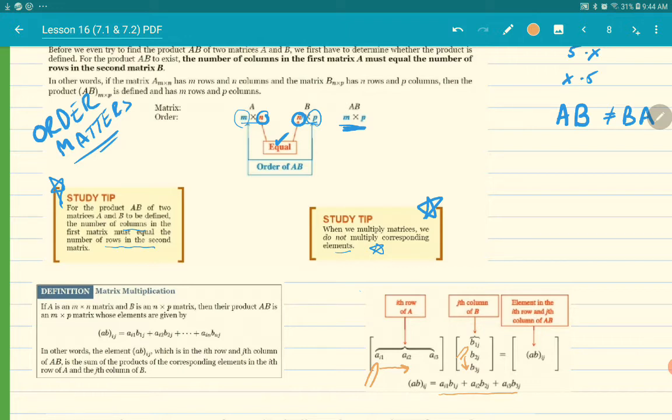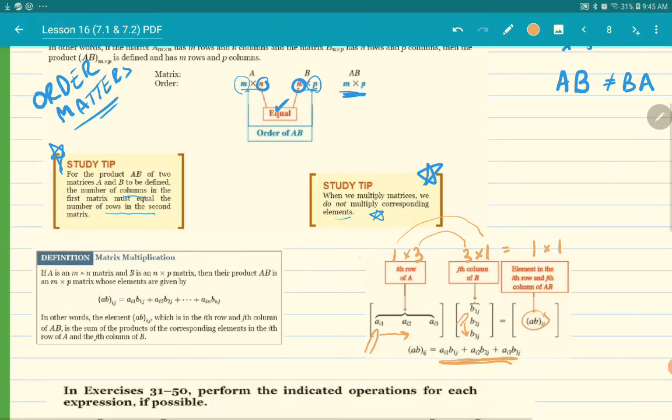So if I have a matrix A that is a 1 by 3 multiplied by a 3 by 1, those are compatible because the insides match. The outsides give me the size of the result, the product. So my result is going to be a 1 by 1. You can see multiplying all these numbers together, I still just get one element. Okay, so here's that official definition. Each element is actually a sum of products.